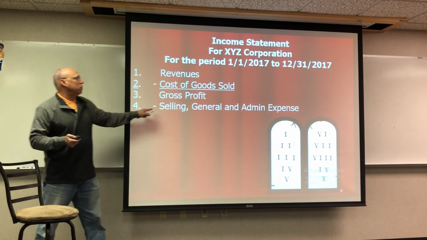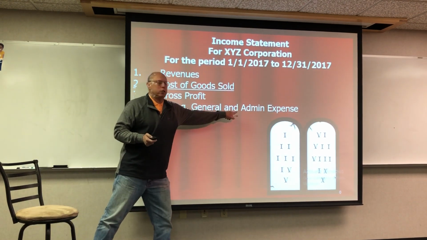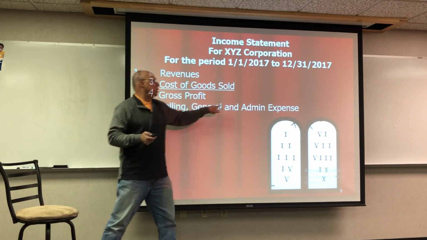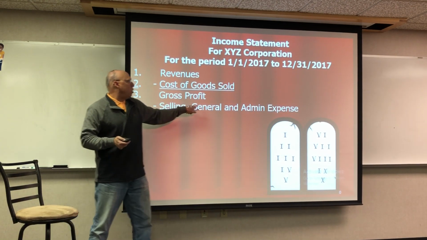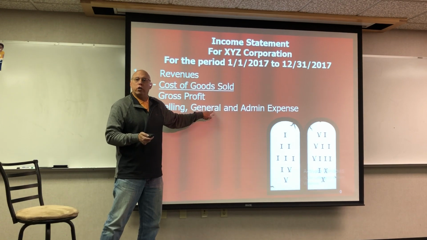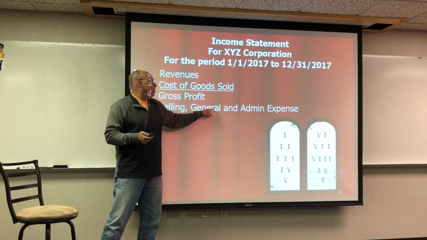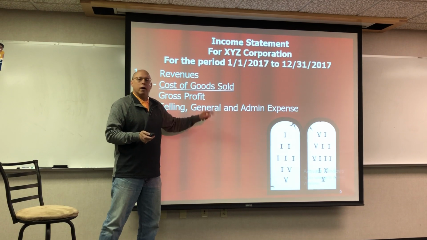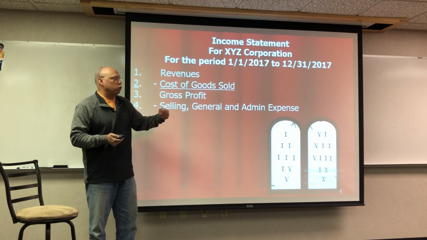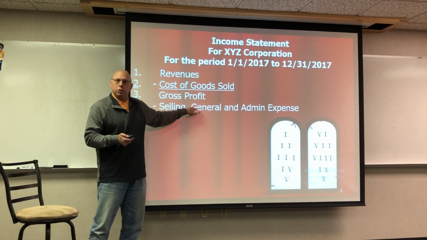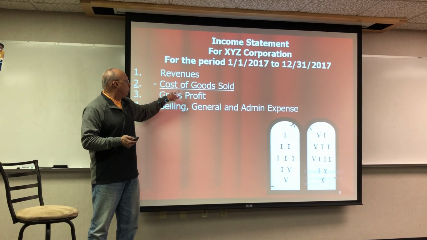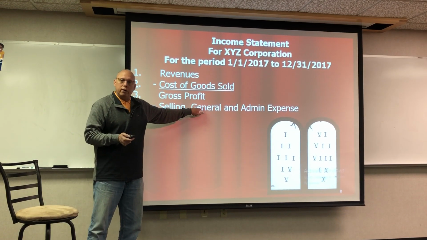Then we're going to take out SG&A expenses, selling, general, and administrative expenses. So these are commissions, and all sorts of staff functions that cost a company money. Accounting and MIS and rent and things like that go into the period expenses. Here are the product expenses, and here are the period expenses.